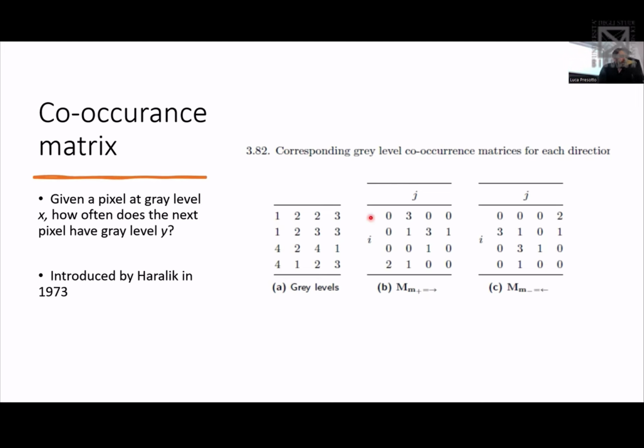So you say, intensity 1 in one pixel and intensity 1 in the pixel on the right: 0 cases. Intensity 1, intensity 2 on the right: 3 cases. And so on, you go on to fill it. You can do the same for the other direction, vertical, diagonal, and whatever.